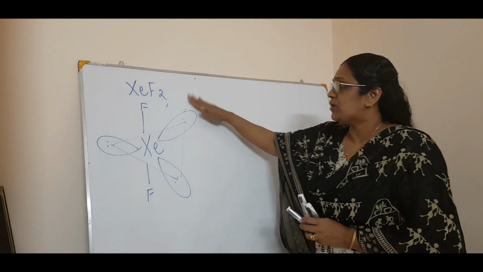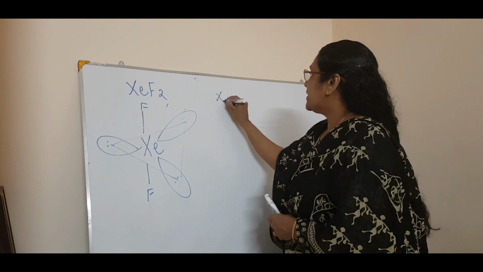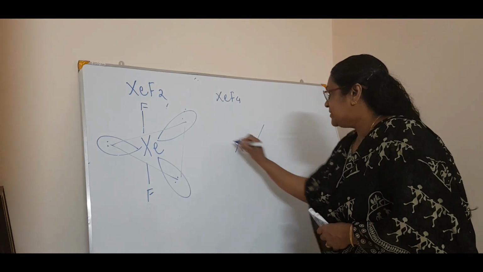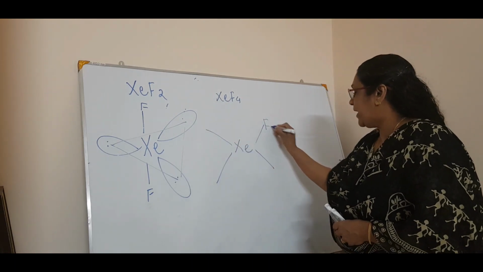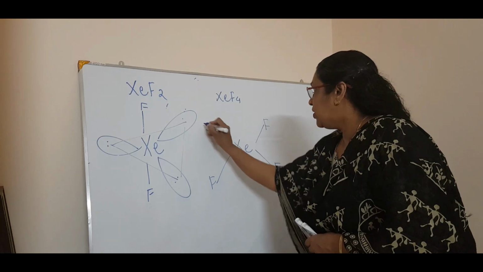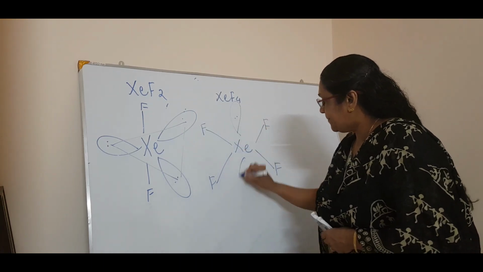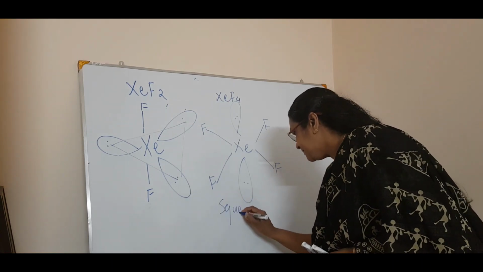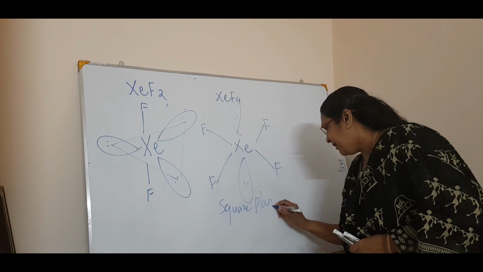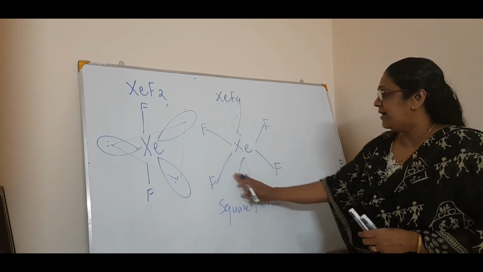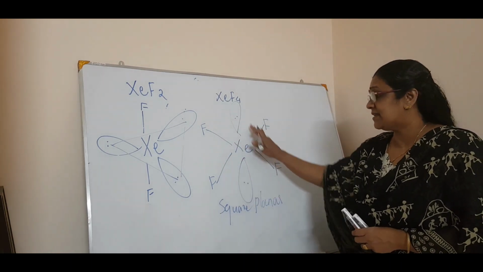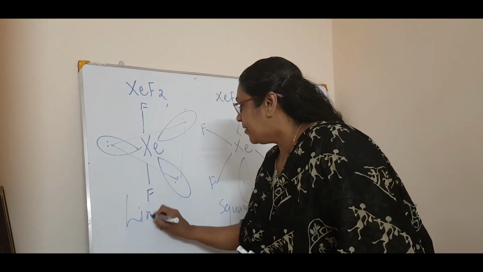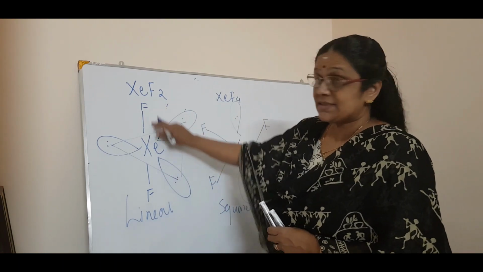Okay. Now we will see what is XeF4. Xe, it will be square planar. See, 4 fluorine atoms in a square with 2 lone pairs of electrons. Listen, this is square planar, because in a square it is having 4 F. We are not considering the lone pairs when naming. In XeF2 I can say linear, because F, Xe and F are in the same line.